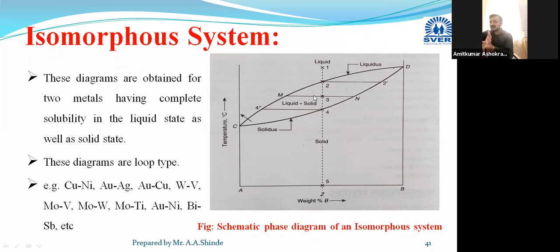Only one part you can take. Microstructural changes are uniform because it is a loop. If you take this point or here also, the microstructural changes will be the same. Hence here we have considered only one alloy.